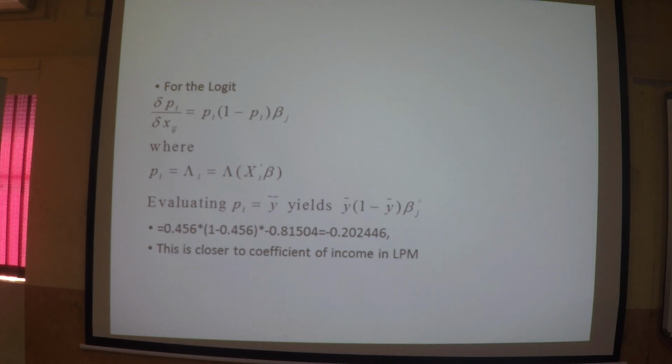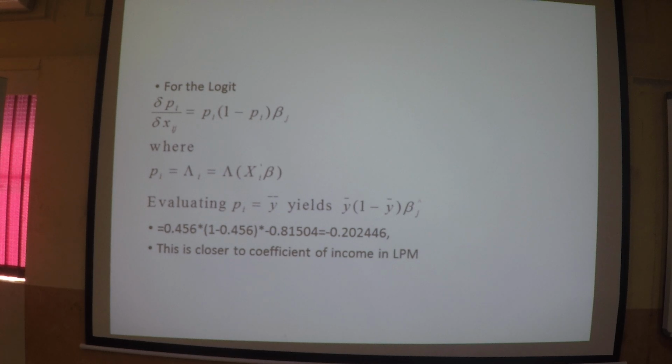So in our data, pi is equal to y bar because that would be the average. If you sum up all the individuals, it will be 30 upon 100, so pi will be 0.3. If you substitute these values here, you get the value equal to minus 0.202446. Yeah?